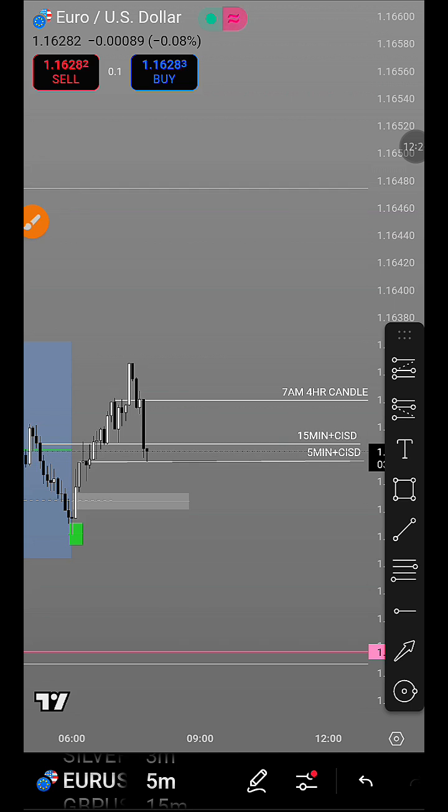So if price displaces through all of that, and then I can anticipate that price retraces again eventually, and it does that, right? Then I expect it to just do that.